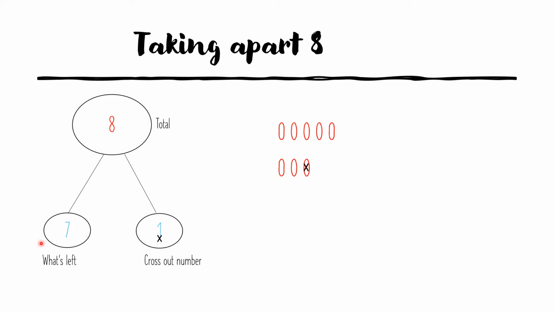It belongs over here in this part of the number bond. Our drawing just showed us that 8 circles take away one circle equals 7 circles. 8 circles take away one circle leaves 7 circles left. Good job, kindergarten.